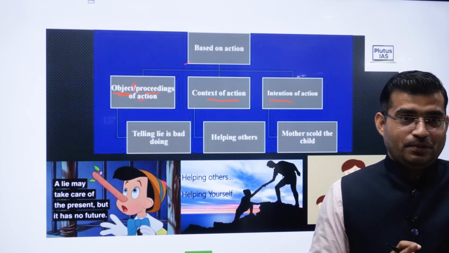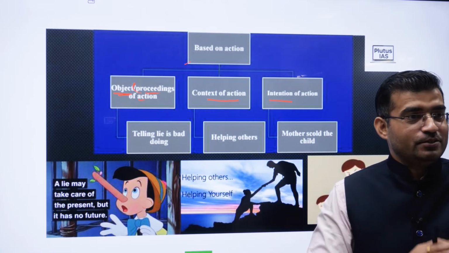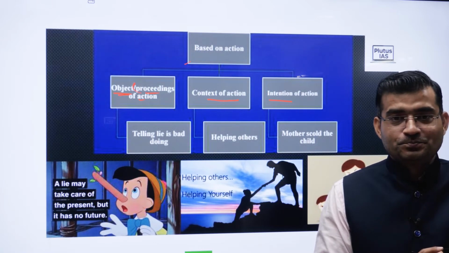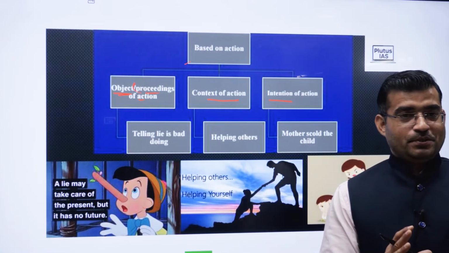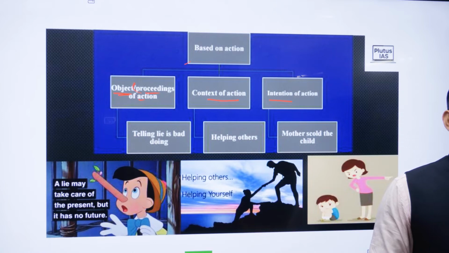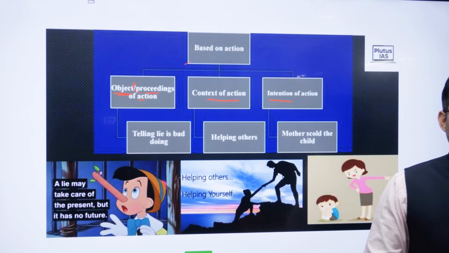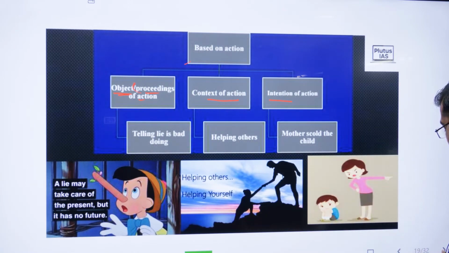So if a policeman is doing that kind of act, the motive must be considered while making a judgment about him: is he doing right or wrong?